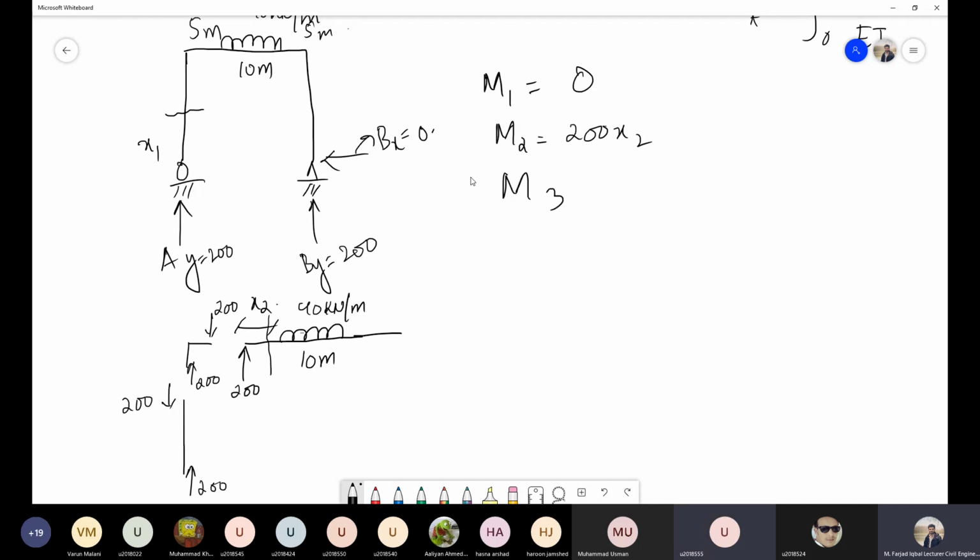For section 3, let's take the section from here to any random distance. So what will be the equation of moment? Sir, 400 into x3. Okay, leave it. Someone else?